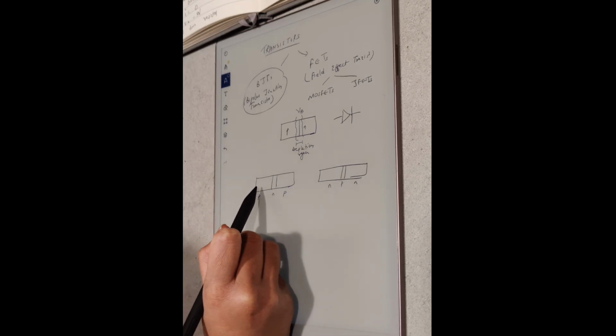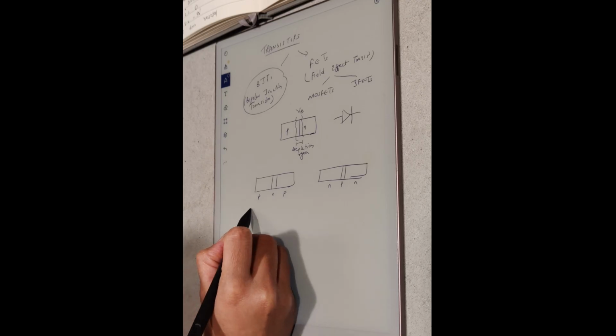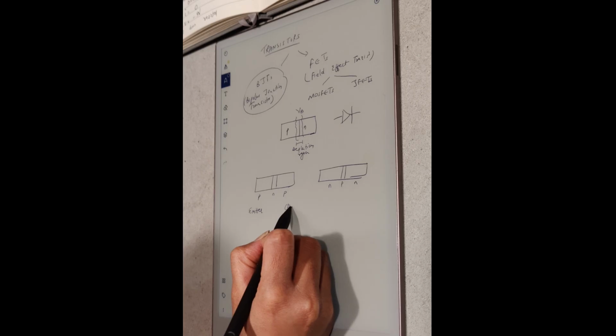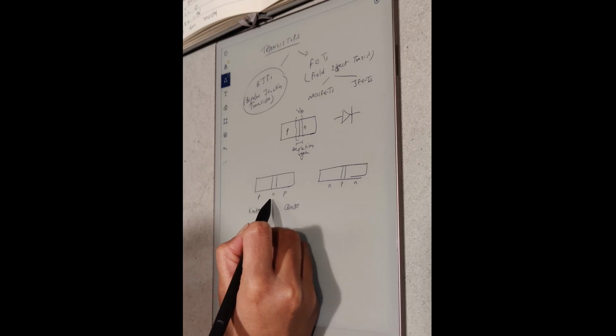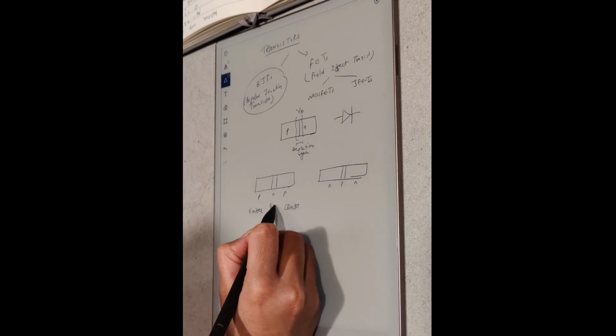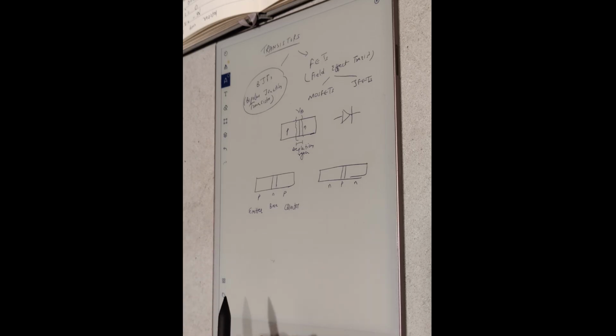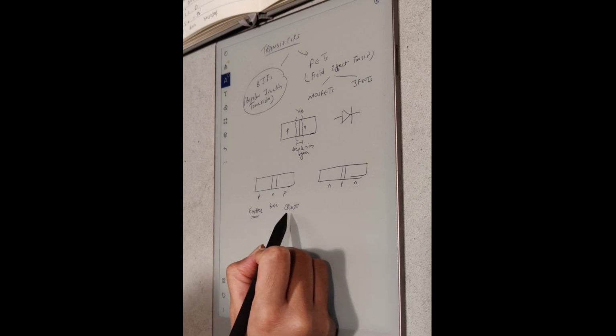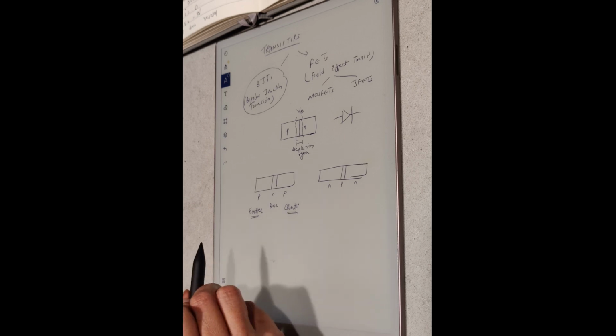So one side here is called emitter, and one side is called collector, and then this middle portion is called base of a transistor. And always the emitter is heavily doped compared to the collector.